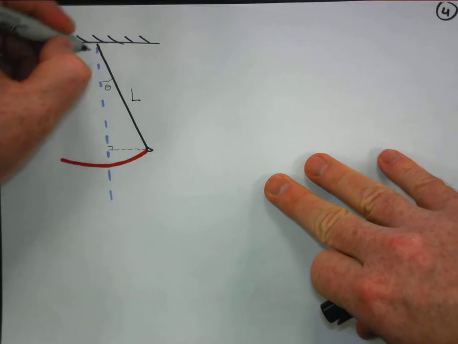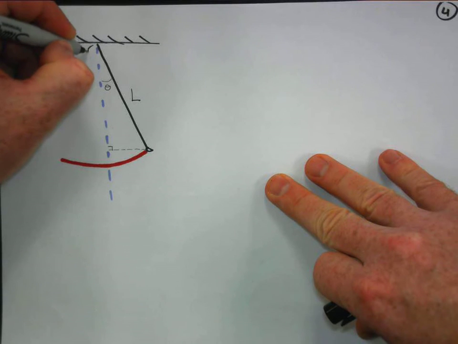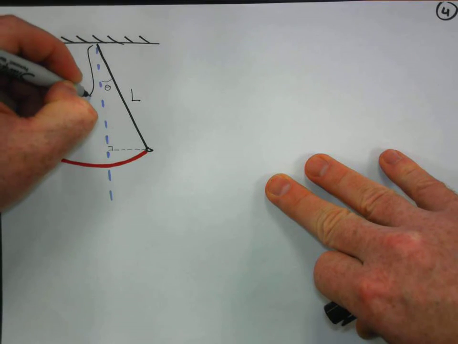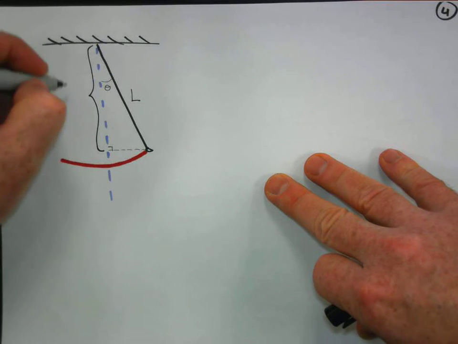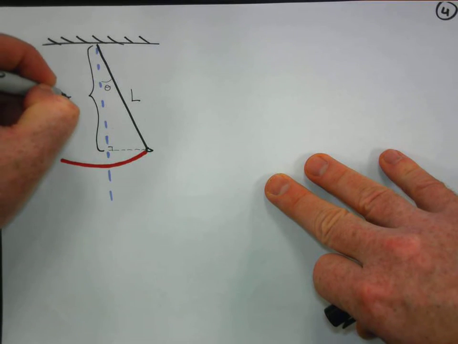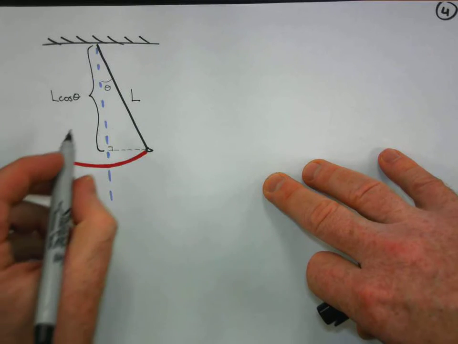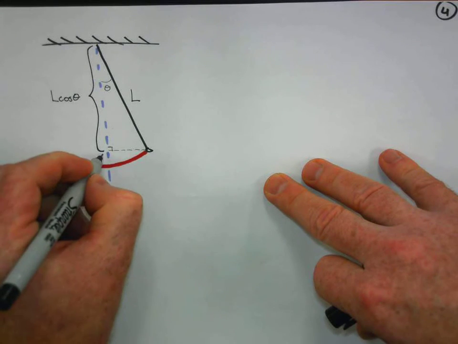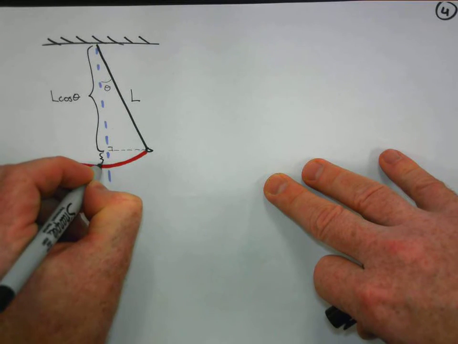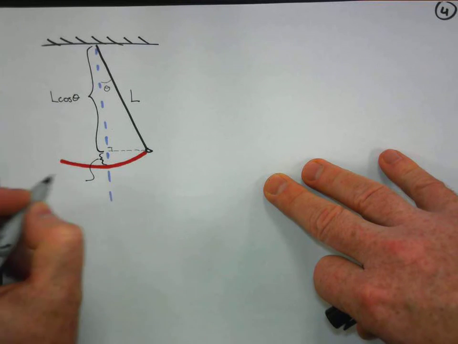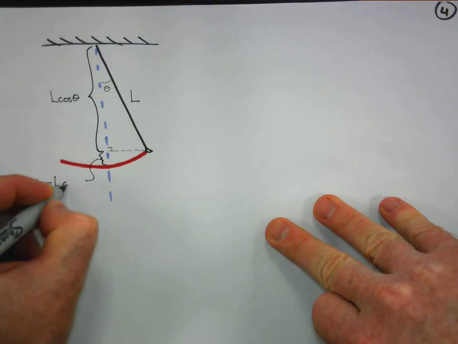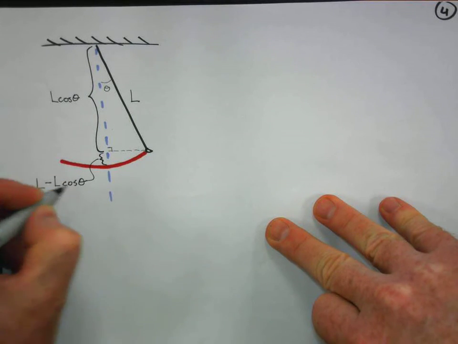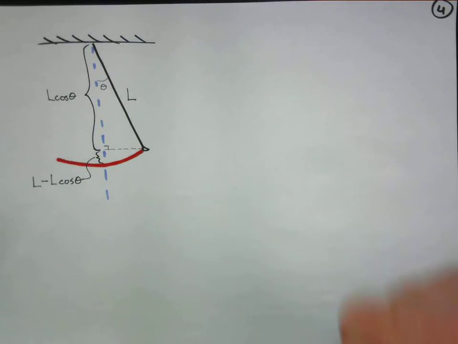We know this distance here to that perpendicular line, that's simply L cosine theta. We also then know this short distance here, and that is going to be L minus L cosine theta. And those are some important things to realize.